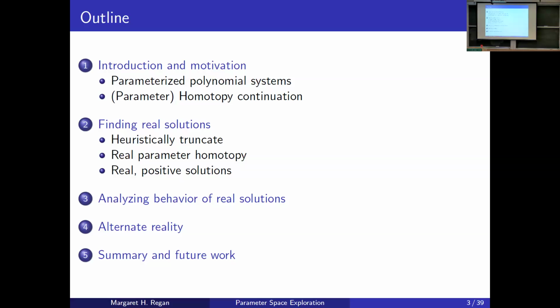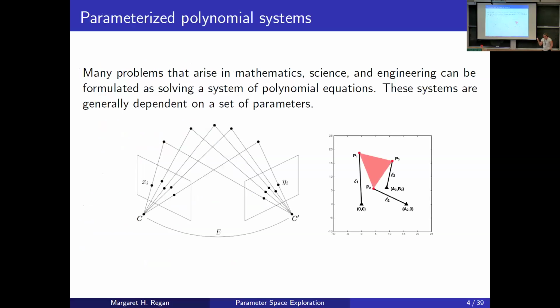So let's get started. So what we're working with in all of these problems that we'll talk about today is parameterized polynomial systems. So polynomial systems that you can write down based on some sort of problem in an application. And they depend on a set of parameters. So these two examples here, we have the 5-point problem from computer vision on the left, which has the xi and the yi in the two images capturing these 3D points in space.